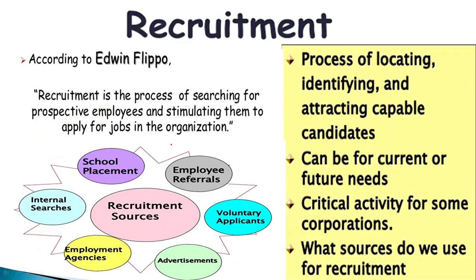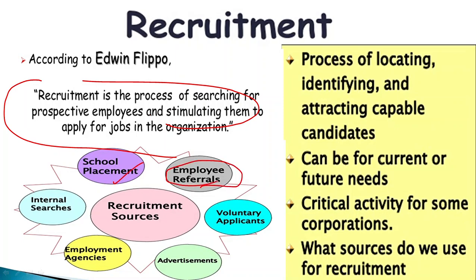Then comes the recruitment process, and Edwin Flippo's definition of recruitment, which we already discussed, is finding or searching for prospective employees and stimulating them to apply for jobs in the organization. So you can do this through school placements and employee referrals. You can ask your employees to bring people for a certain job. You can have voluntary applicants as well.